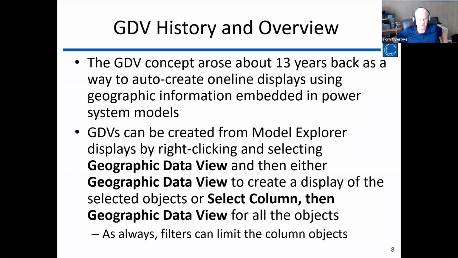I'd be studying the Eastern Interconnect, and I'd want to know where the different operating areas were. And I thought, I know where they are because I can just average the bus or substation locations. So how do I visualize that? The result was to create something called Geographic Dataviews that make it very simple to show geographic data.